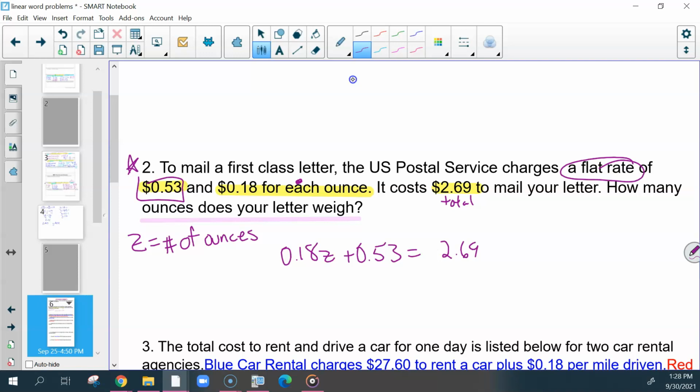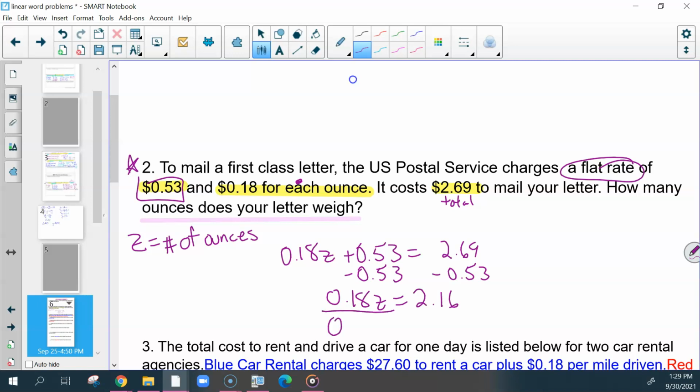From there, once you have an equation, you can solve it. So this would be 2.16.